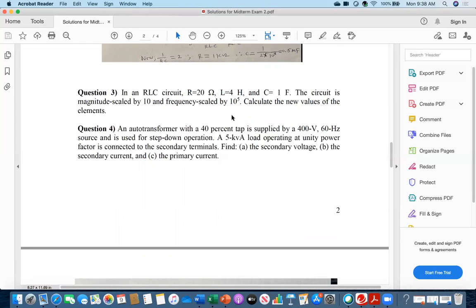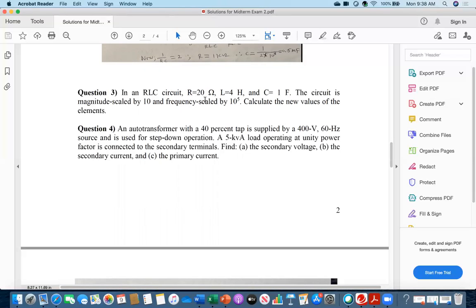This is magnitude scaling and frequency scaling that we learned in the frequency response chapter. So in this case, magnitude scale by 10 means magnitude scale factor, Km is 10. Frequency scale by 10 to the power 5 means this is Kf, frequency scale factor. So this is Km, this is Kf.